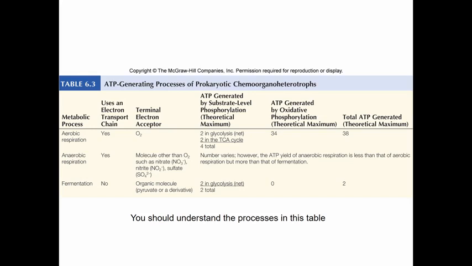In anaerobic respiration as well, they're going to make a decent amount of ATP in that electron transport chain. It is simply going to vary for every organism. Why is the number 0 here under fermentation? Because there's no electron transport chain. No electron transport chain means no oxidative phosphorylation.